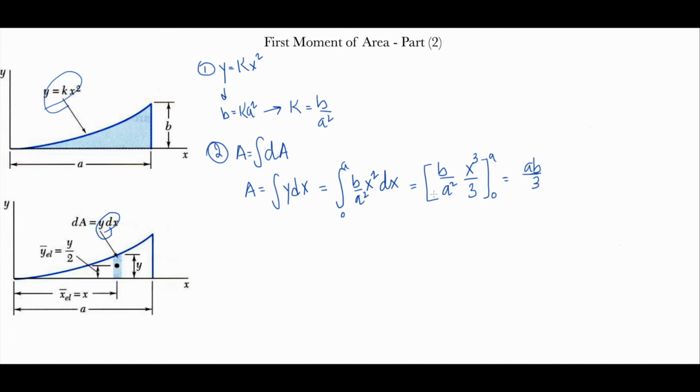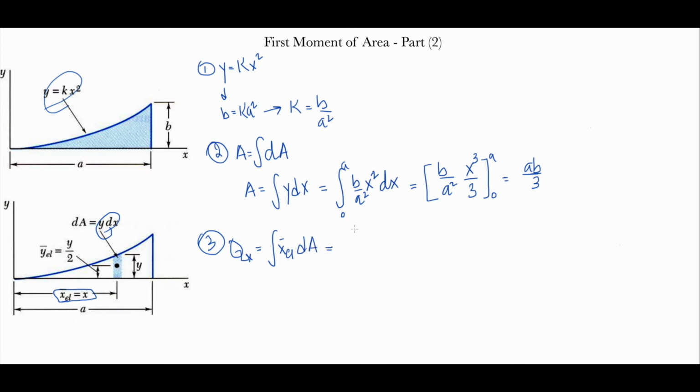Now using the vertical strip here, number 3, we want to find the first moment of area by performing a single integration. So Qx, which is the first moment of area with respect to x, equals the integration of x bar dA.